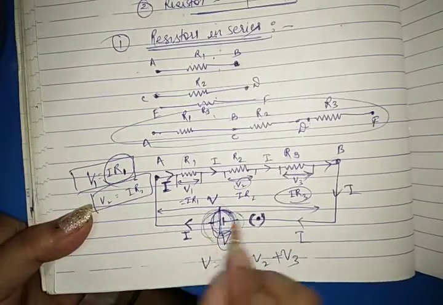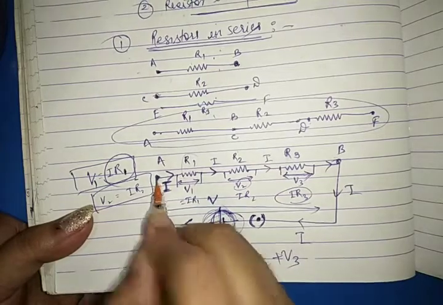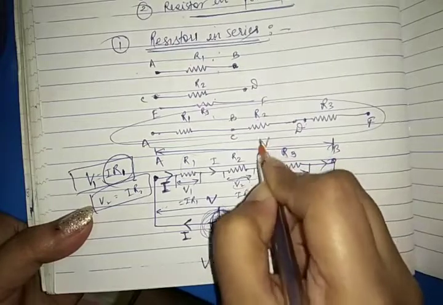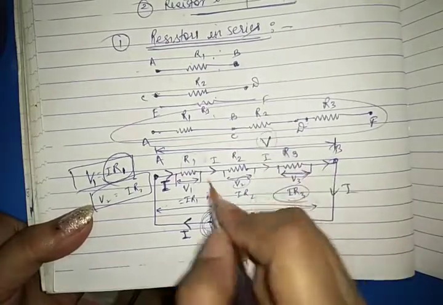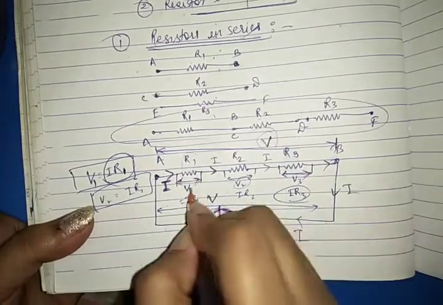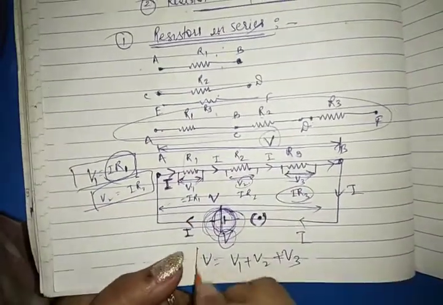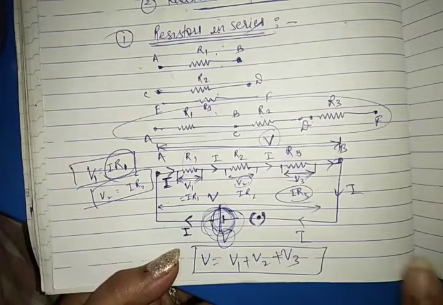As the total potential from point A to B is V, this V is divided into V1, V2, V3 due to the current and potential drop. So V equals V1 plus V2 plus V3.